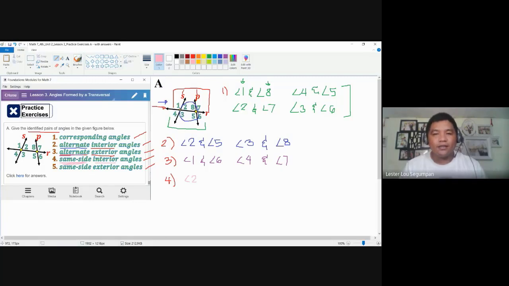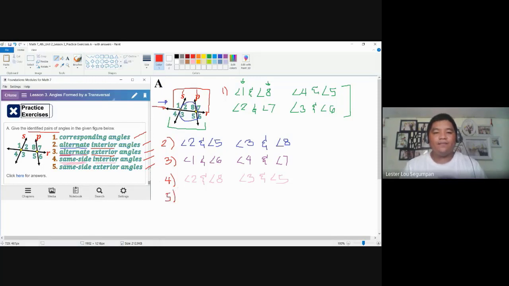But the angle which is found on the same side of angle 2 is angle 8. The next pair is angle 3 and the angle found on the same side, still interior, angle 5.